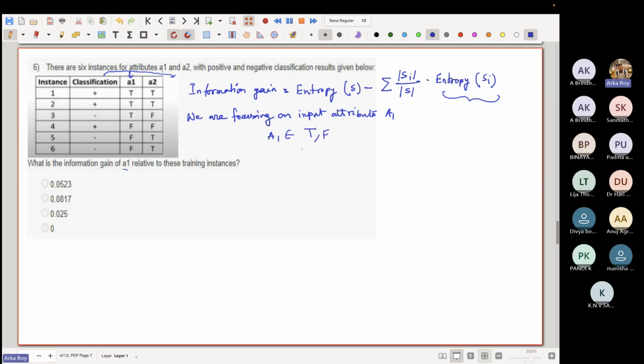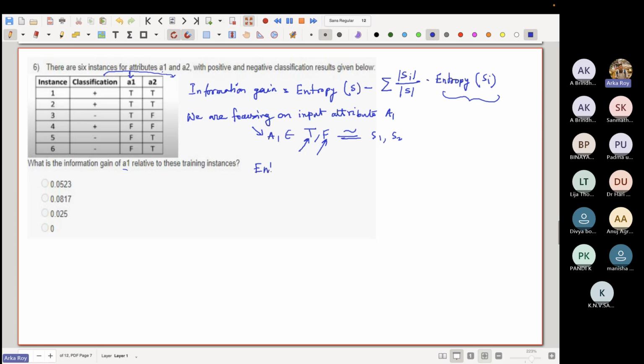For each of these conditions we have to see what the classification result is. These true and false are S1 and S2, so we have to calculate the entropy of S1, meaning the entropy of true, and the entropy of S2, meaning the entropy of false, given that the input attribute is A1.